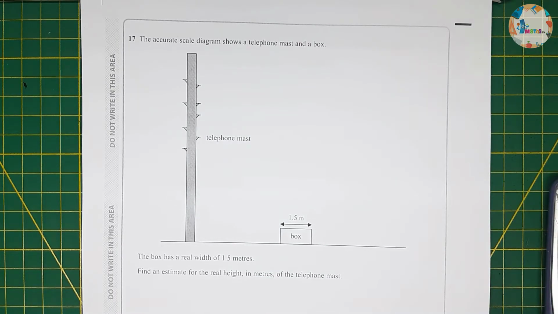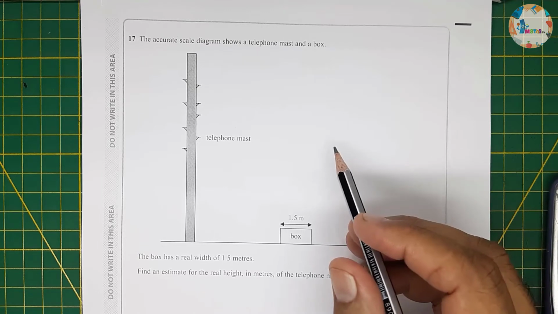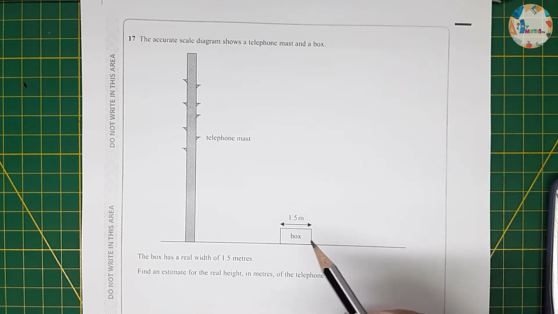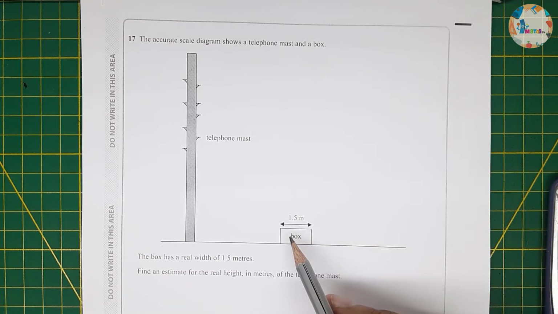Now this is question number 17. The accurate scale drawing shows a telephone mast and a box. So this is the box, 1.5. The box has a real width of 1.5 meters. Find an estimate for the real height in meters of the telephone mast.